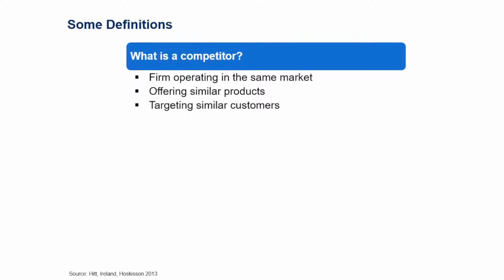Now, let's kick off with some basic definitions as usual. Competitors are firms that are operating in the same market, offering similar products and targeting similar customers. So for two companies to be identified as competitors, they would have to meet basically these three requirements.